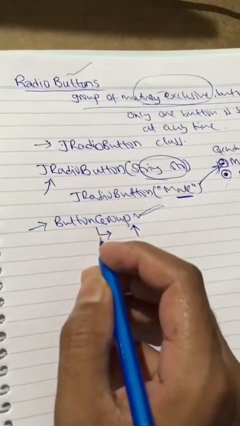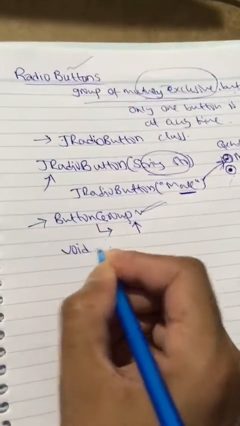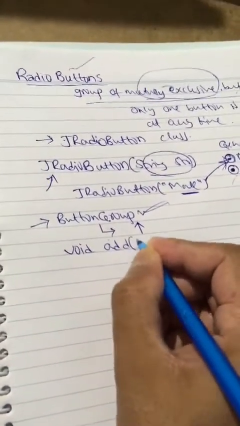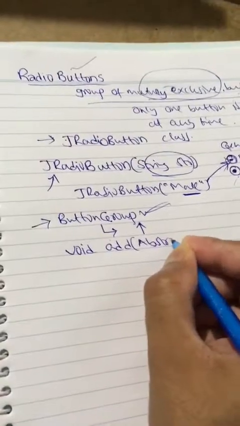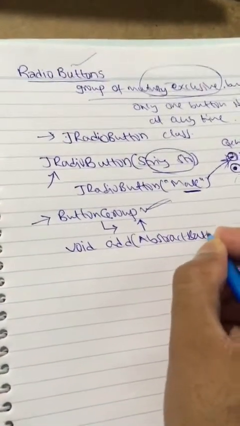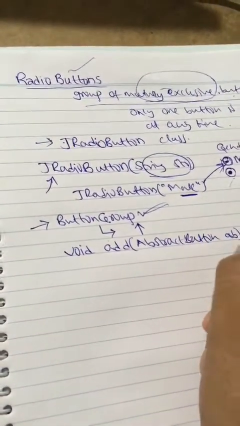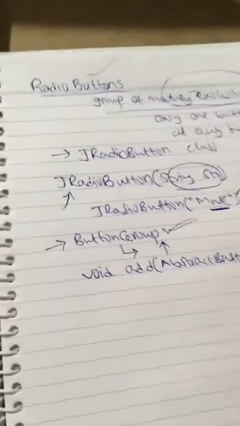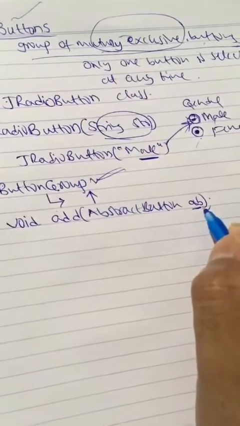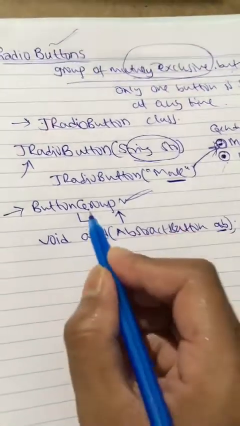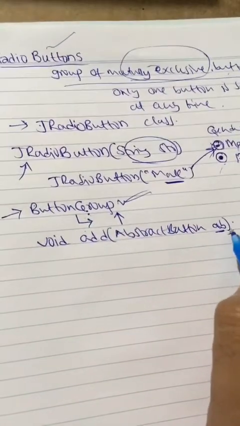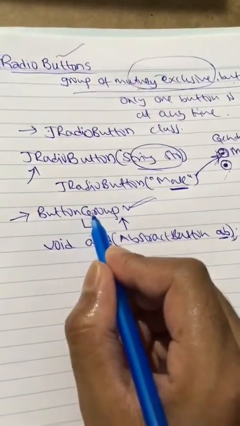The method is void add(AbstractButton ab). Here ab is the radio button element to be added to the button group.